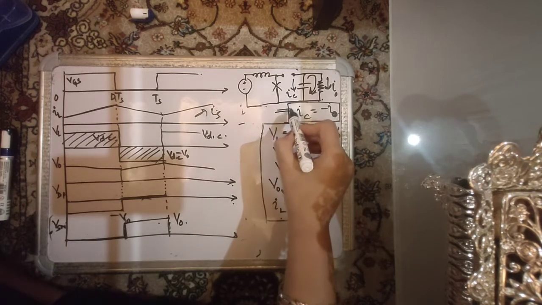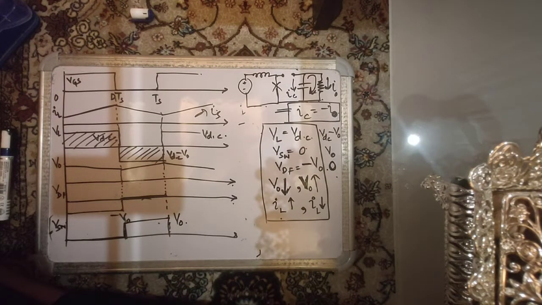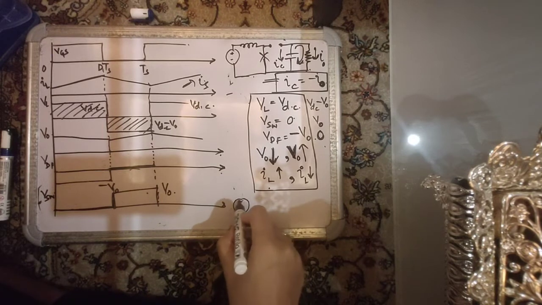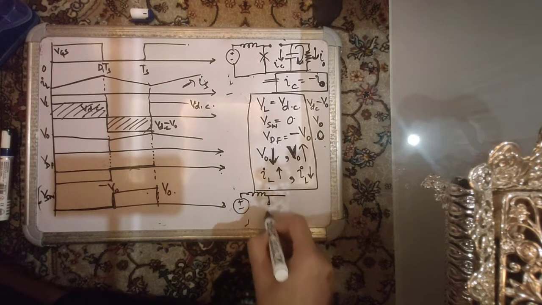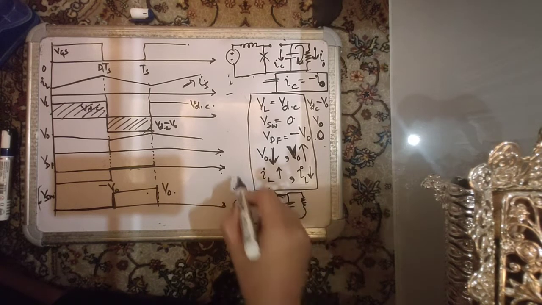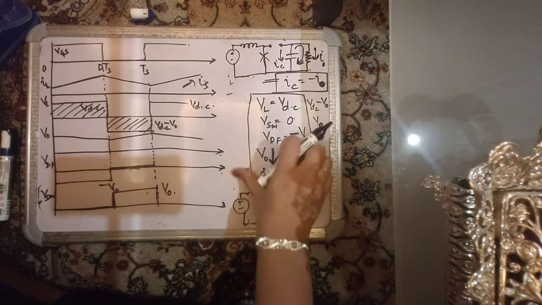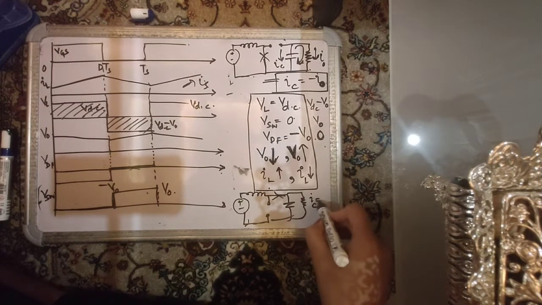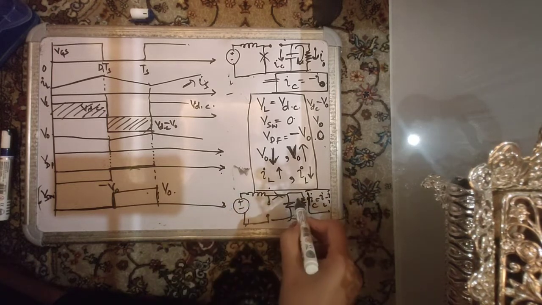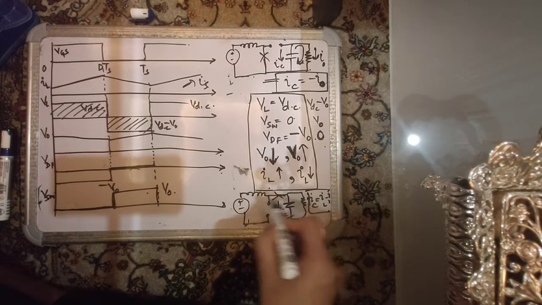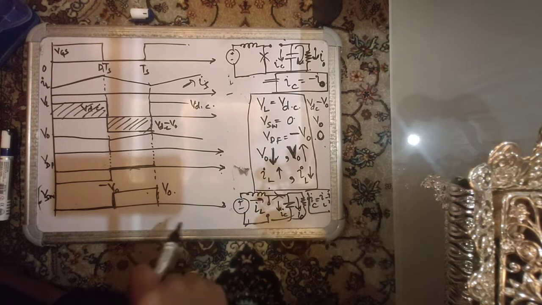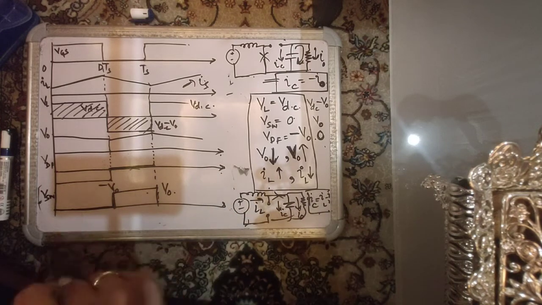But ये IC इस टाइम पे माइनस ऑफ I naught के बराबर है, ठीक. और जो दूसरा इंटरवल है, जब आपका डायोड कंडक्ट करता है और स्विच ऑफ हो जाता है, तो उस टाइम IC is equal to IL minus I naught. Simple, IL यहाँ से आ रहा है, I naught, if this is IC, this is IL and this is I naught, apply KCL, you will get IC is equal to IL minus I naught.